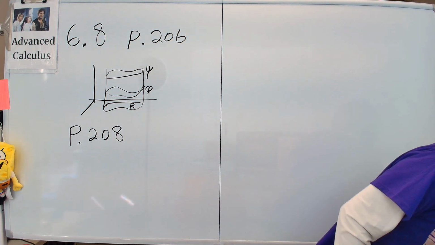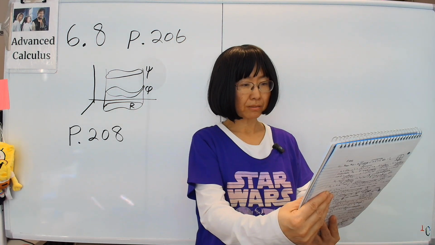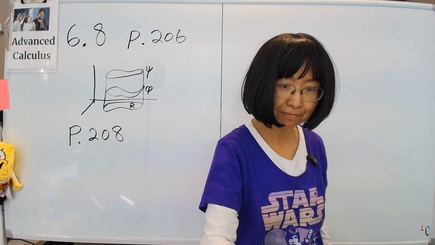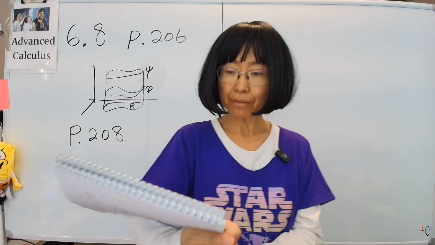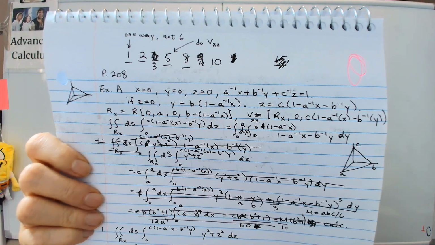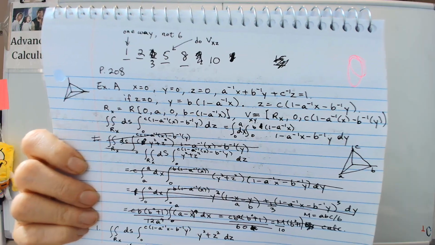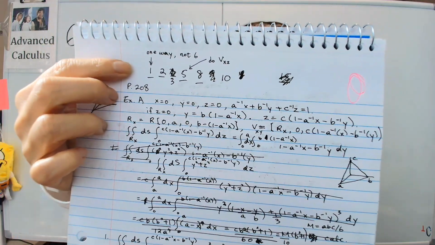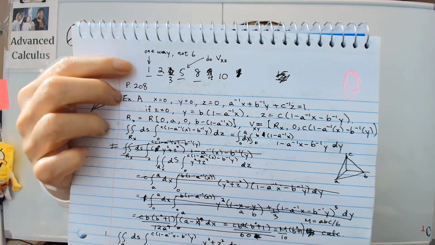For homework, please do problems on page 208, numbers 1, 2, 3, 5, 8, 10. Now for problem 1, it asks you to do the problem 6 ways. Let's just do it one way, okay?